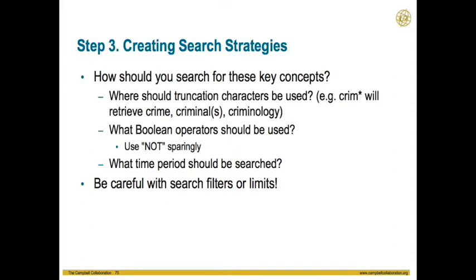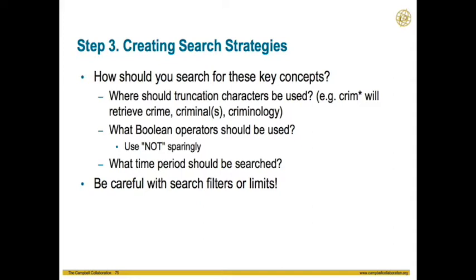Okay, so a couple things that I would like to point out now is that truncation characters when you're building search terms can be useful, and by that I mean these little asterisks. Essentially, those can be used to expand a term. So if I use crim asterisk, that will search in the database crime, criminal, criminology, anything that has crim as a prefix with letters after it.